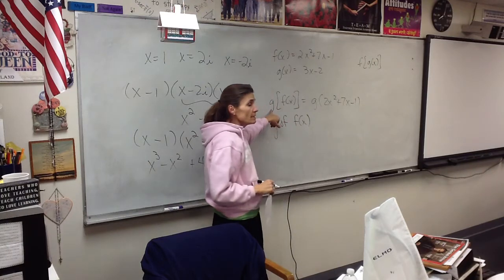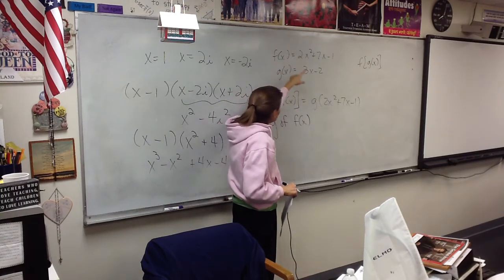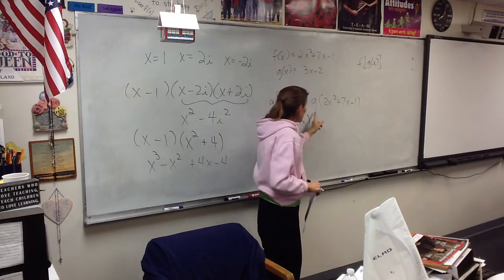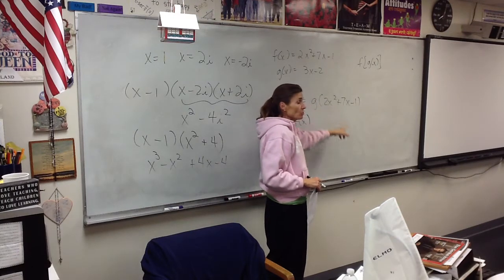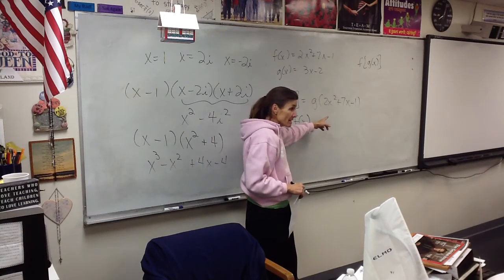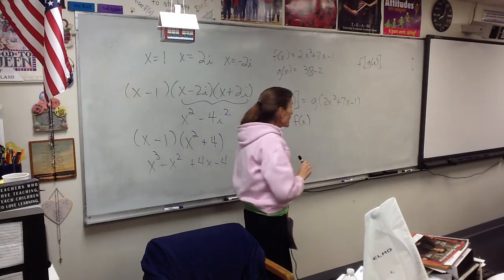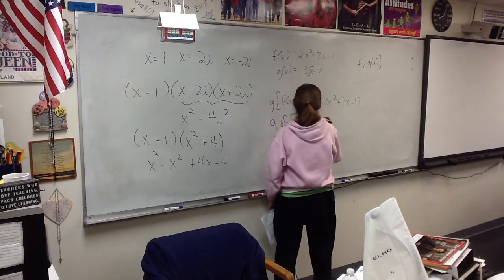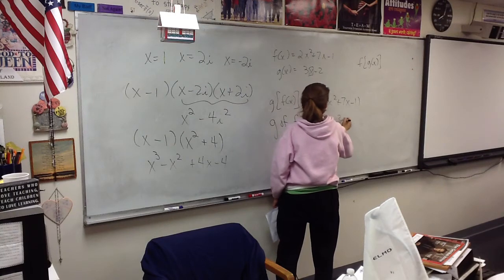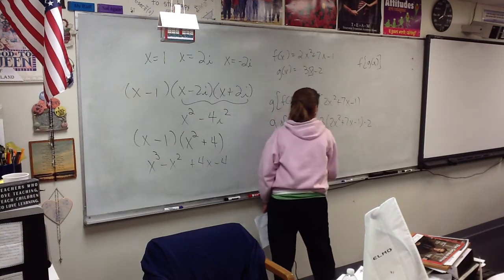It literally says g of f of x. Well, this is f of x. So I'm going to find g of that, which means I'm going to plug that in to my g function every time I see an x. So that will be 3 times 2x squared plus 7x minus 1 minus 2.